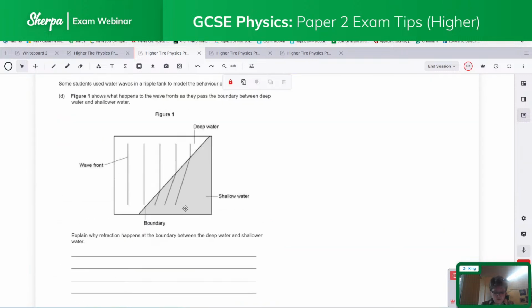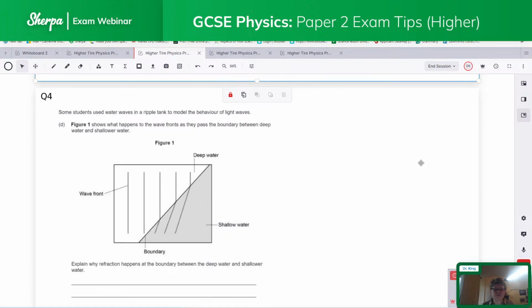The next question is about some students who use water waves in a ripple tank to model the behavior of light waves. Figure one shows what happens to the wave fronts.